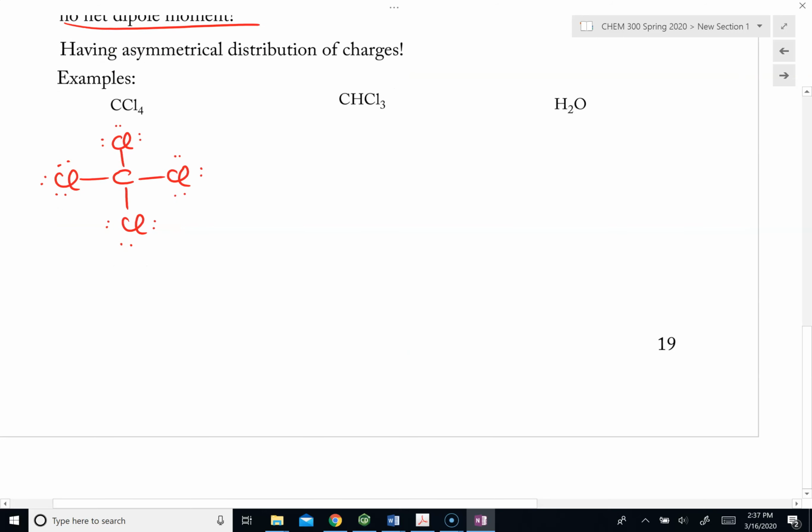In this case, the molecule has 4 polar covalent bonds, right? Because remember that each of these carbon-chlorine bonds is polar covalent. So this molecule has 4 polar covalent bonds.